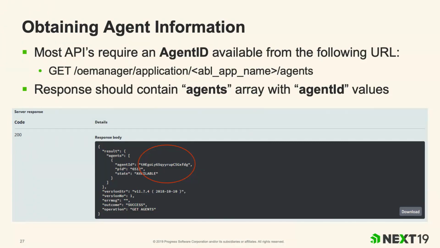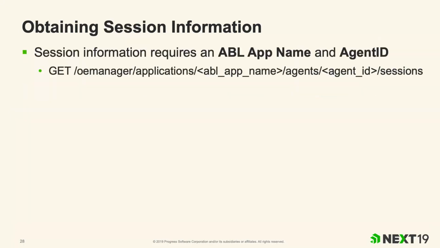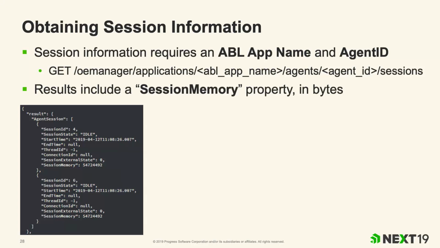Inside of there is the agent ID, the PID, and the current state: available, idle, busy, etc. So you need just one of those two values, either the agent ID or the PID. So what does that get you? Well, once you have that agent ID, now you can move on to other APIs like session information. So this one, GET /oemanager/applications/{appName}/agents/{agentId}/sessions.